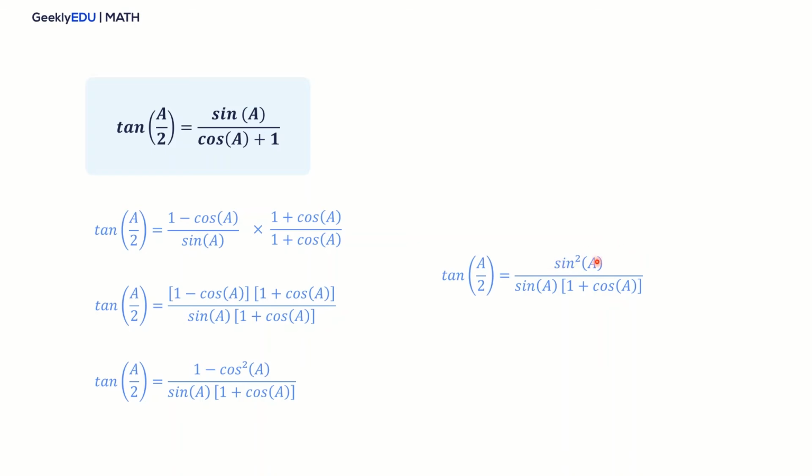Okay, now we have sine squared here and sine of a here. We can just simplify it, okay, divide sine squared by sine, and we have the identity we want to demonstrate, that the tangent of a over 2 equals the sine of a over the 1 plus cosine of a.